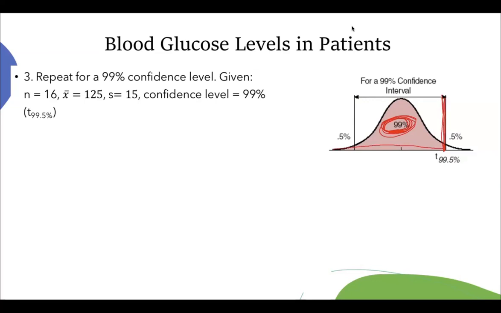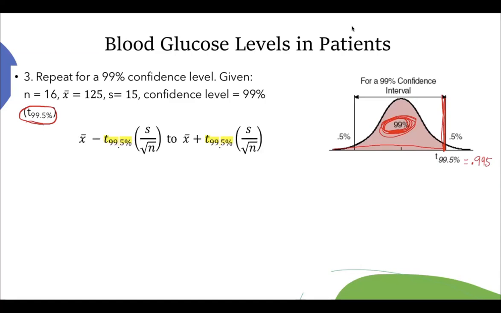On the calculator, that is an area of 0.995. So this is going to result in a different t-score. The calculator is going to help us get that other t-score. The formula is generally very similar, except for the new t-score that we're going to be using.